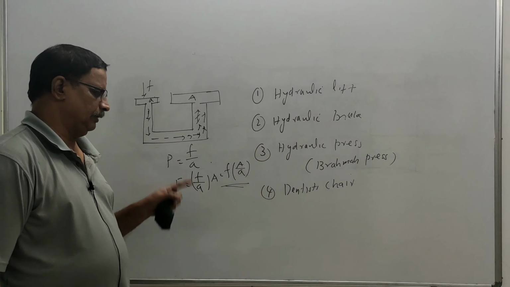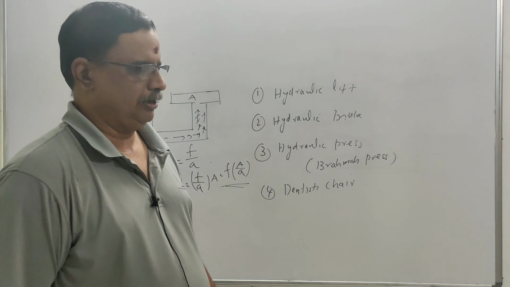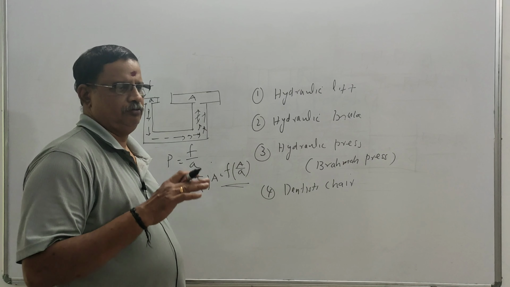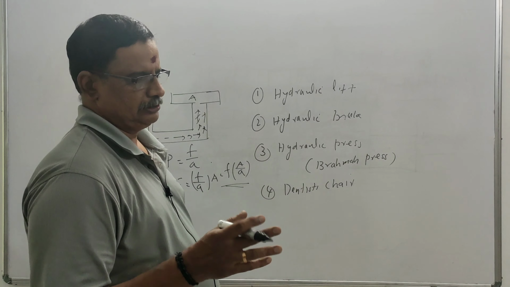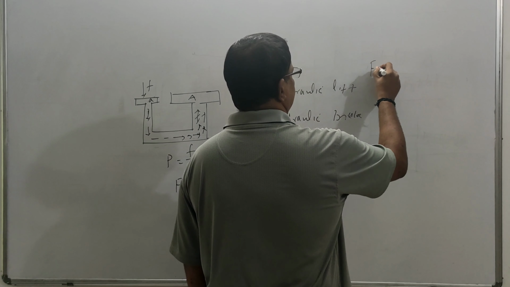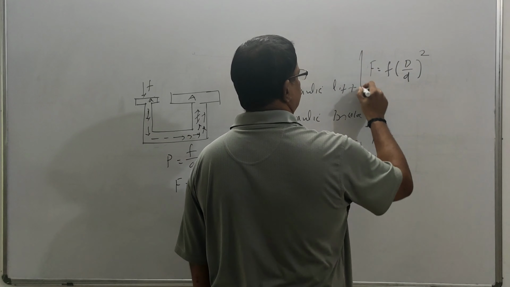Sometimes you may be asked to find the weight of the vehicles that can be lifted by applying a force. The areas of the two platforms will not be given; actually what they give will be the diameters. Then you may write F equal to f into D by d the whole square.